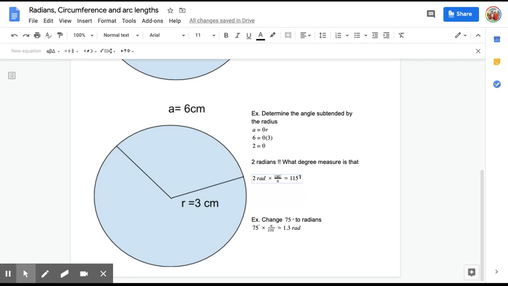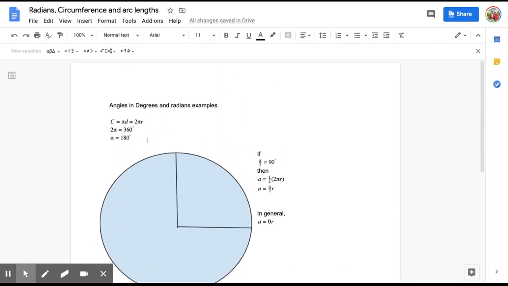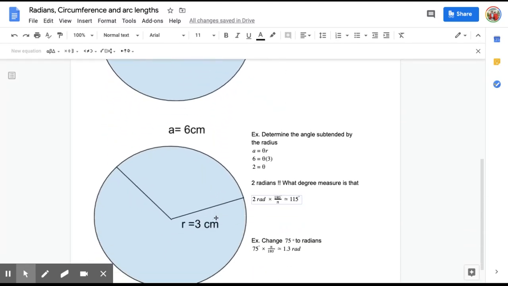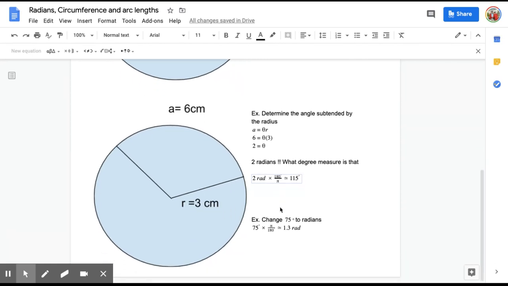This always confuses people, this pi over 180 thing. It's strange, but up here, we say that pi and 180 are the same value. So really what we're doing here is we're timesing by 1. Even though numerically it doesn't equal 1, 180 degrees and pi are the same value in terms of different units.